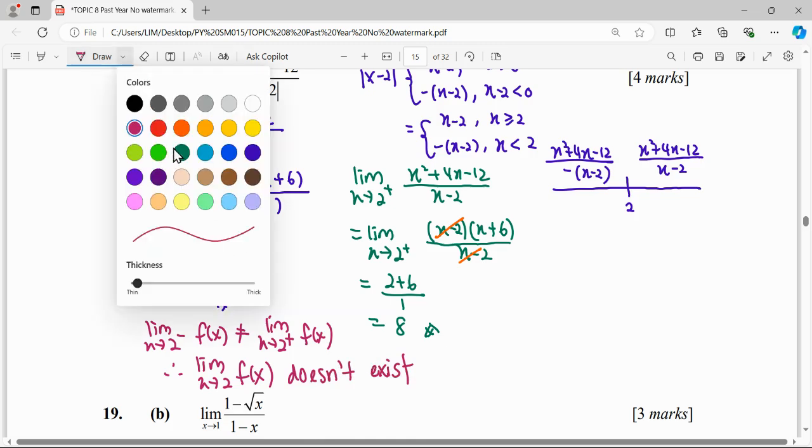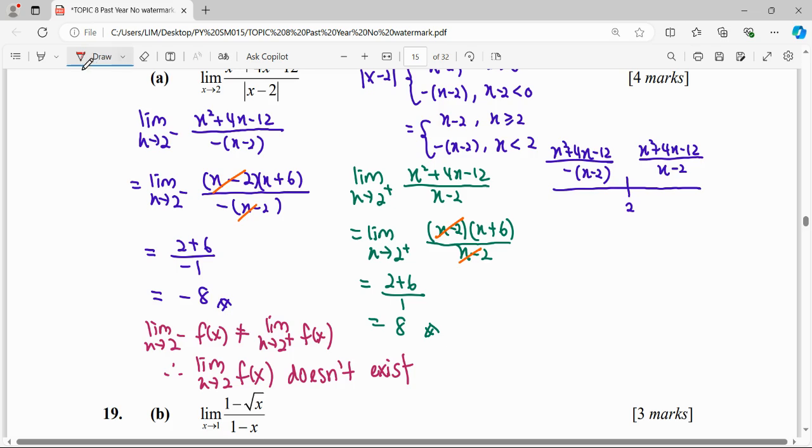Now we look at our important marks here. First of all, when we meet the indeterminate form 0 over 0, we do factorization to simplify the factor x minus 2. Then we get the answer for this limit. The same happens for the right-hand side. We must select the correct function according to its domain.